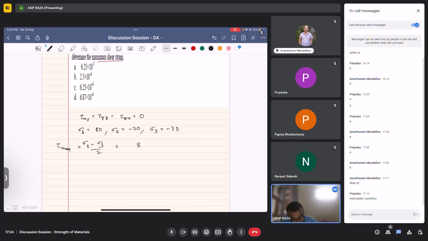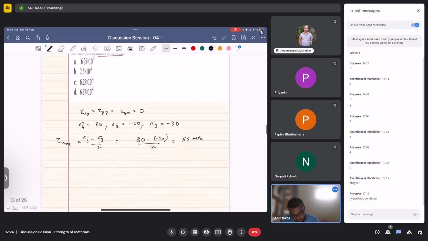And that would be equal to 80 minus 30 by 2, that is 110 by 2, that is 55 MPa, right?